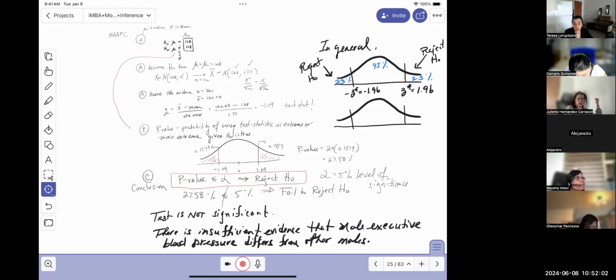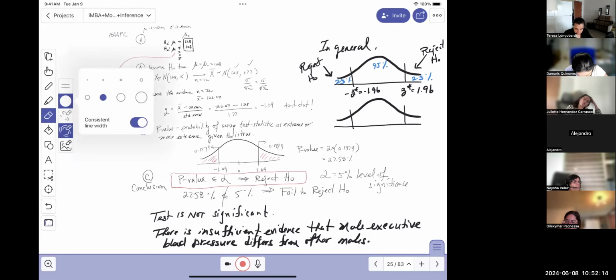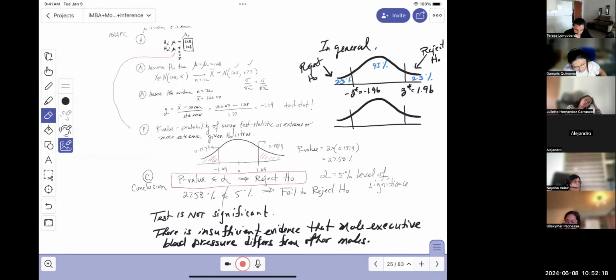But in a one-sided test, I still use the 5%. So if I rejected here on a one-sided test, let's say I did it on this side. Make this smaller.